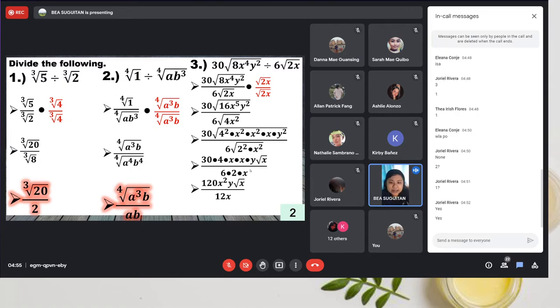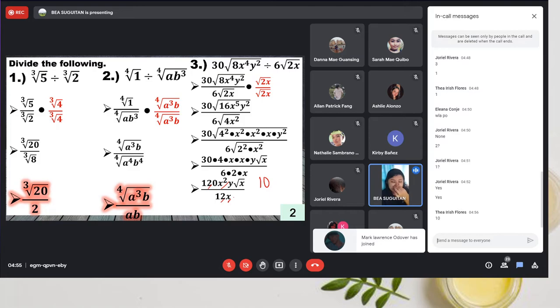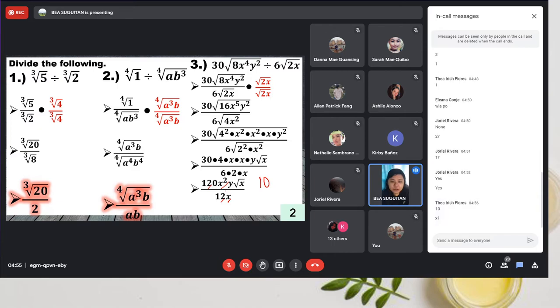Now, let us divide or let us simplify. What is 120 divided by 12? 10. Okay, so we have 10. Next, what is x squared divided by x? Sabi ni Thea, x. Very good.